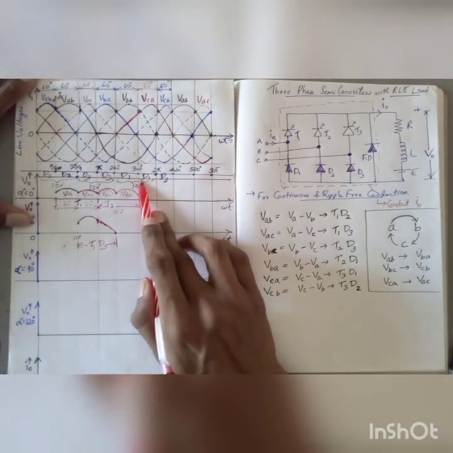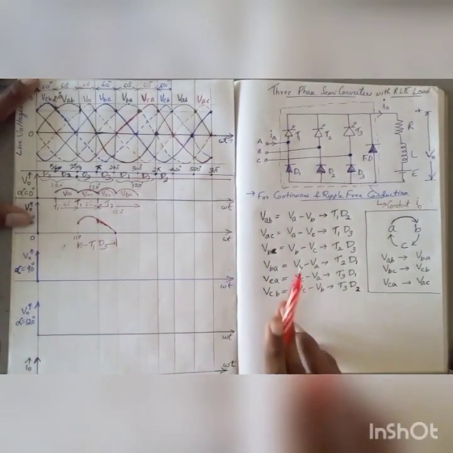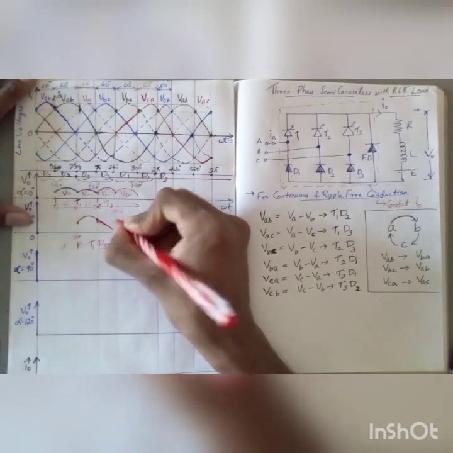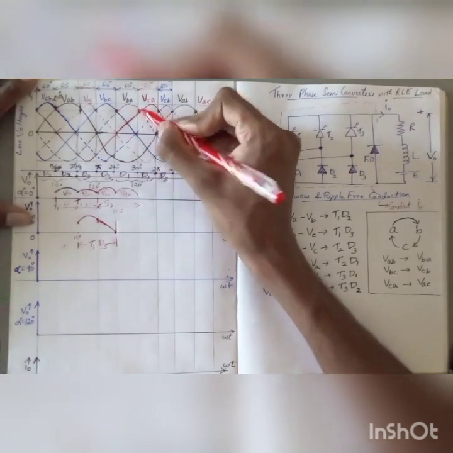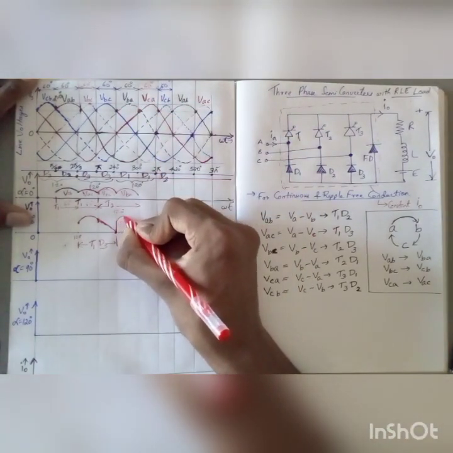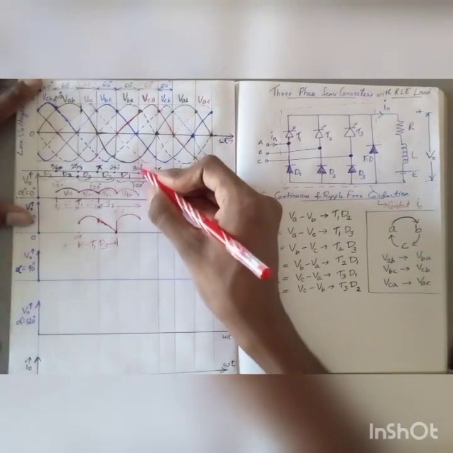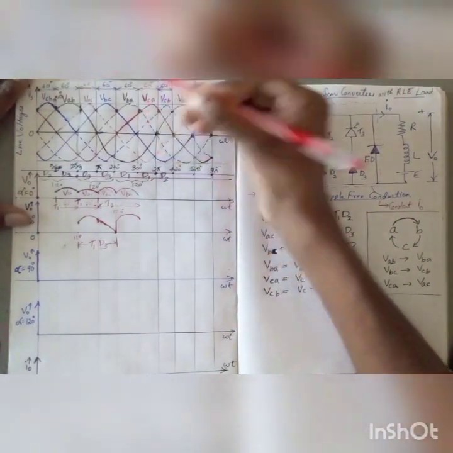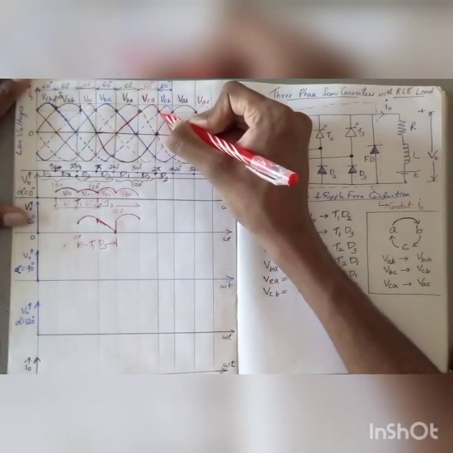From 240 to 300 degree, my T2 also is conducting. So what is the voltage that is appearing across my V0? That will be VBA. Okay, VBA. Up to which point? Up to 300 it is VBA. Then I again look into the waveforms. Then VCA will be the highest voltage when compared to others.